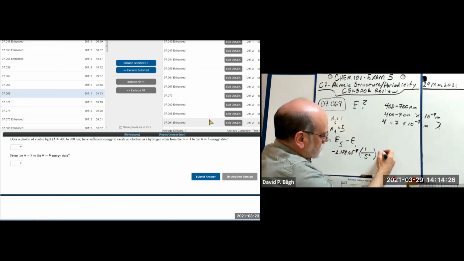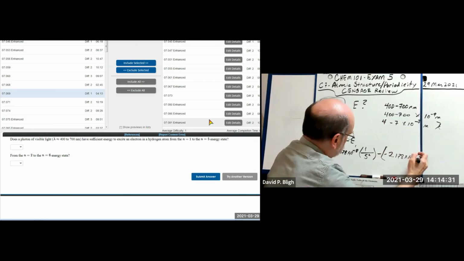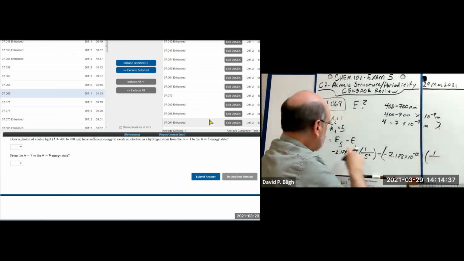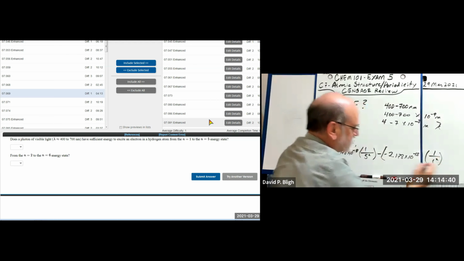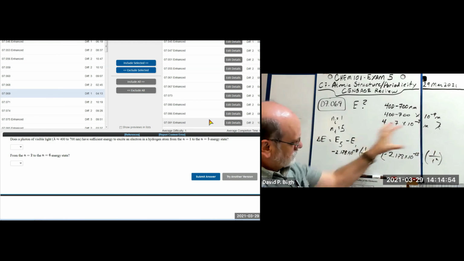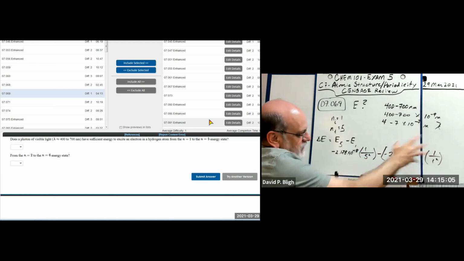Then we subtract times 1 again, and this is 1 squared. Okay? Now, if you want to, you can factor out a term. You can factor this one out to the outside, and then do that operation on this one. Or you can do it just like this. Just say this factor minus that factor.